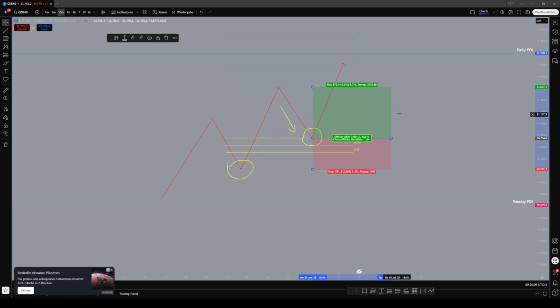That's how we can use the Fibonacci tool. But the important thing is that you first do the trend analysis, draw your support and resistance lines and so on, and then you use the Fibonacci tool for entry scanning.